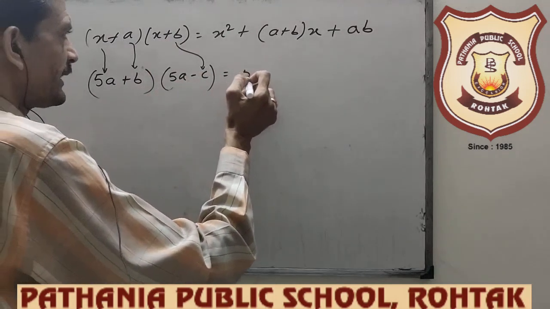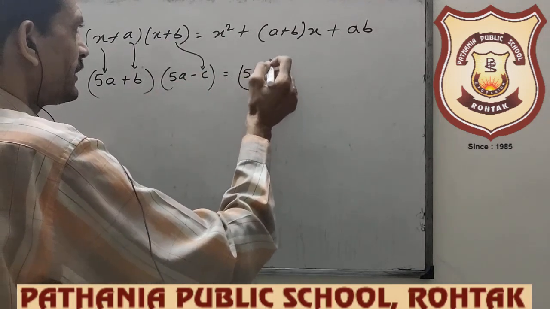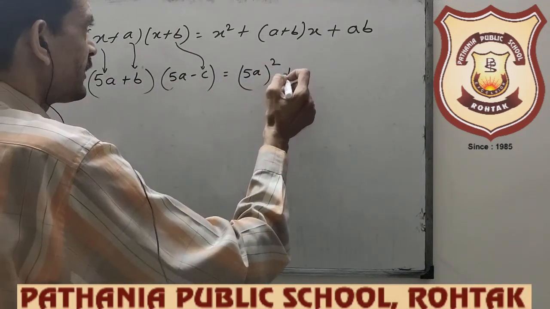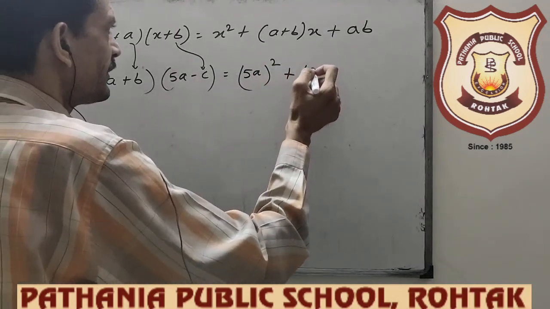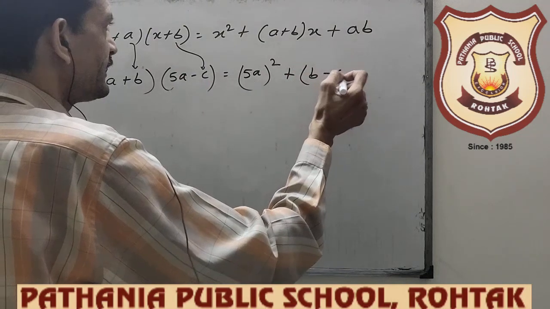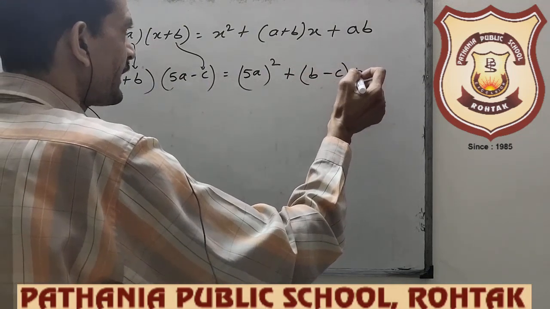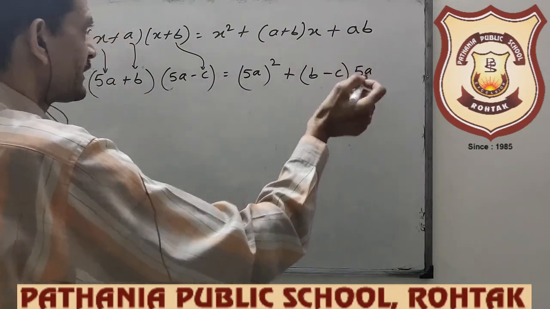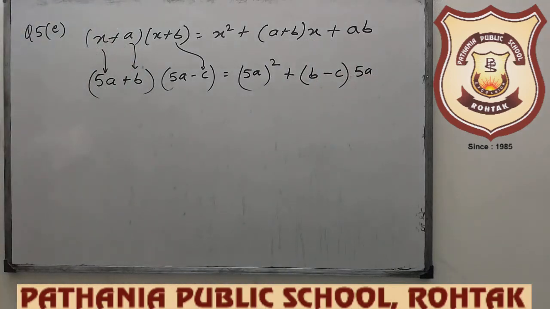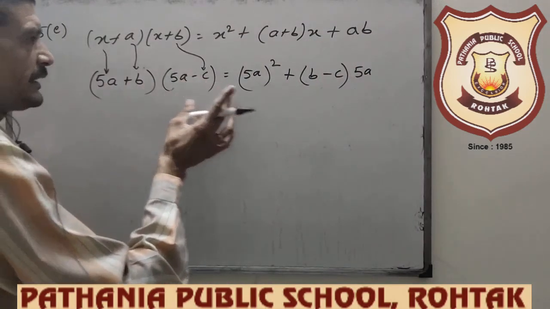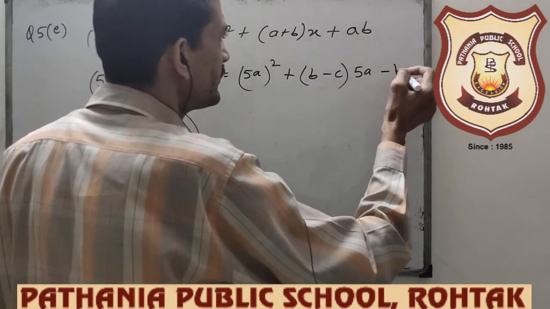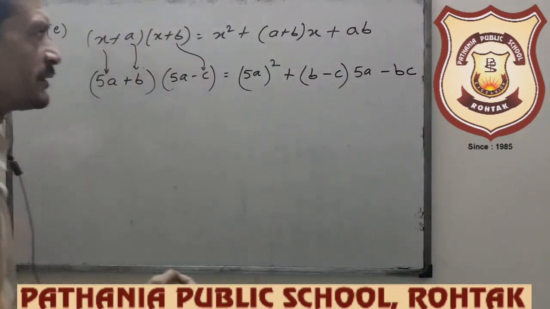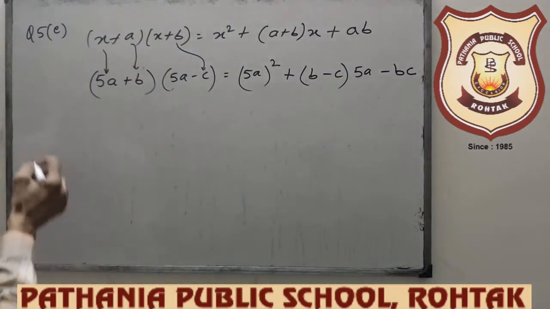So how should you write it? The square of the first number, (5a) square, plus the sum of the two different numbers, what is the sum of b minus c, like this, multiplied by 5a, and then the product of these two numbers, b into minus c, is minus bc. So in this way you can expand this identity.